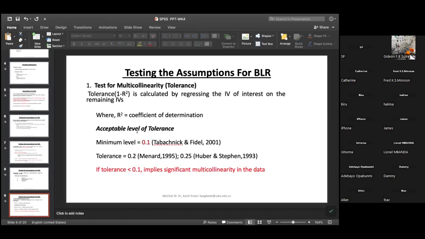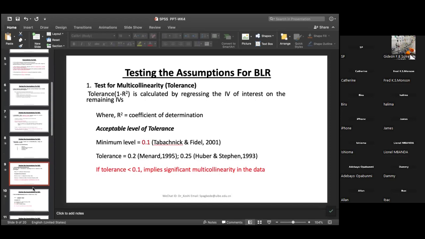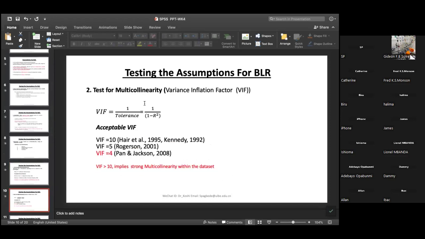So we said that for your tolerance limit, all you have to do is to learn how to interpret. If tolerance is less than 0.1, it implies a significant multicollinearity in the data set. This should be the keynote here. Then we also looked at the variance inflation factor, which is 1 over the tolerance.